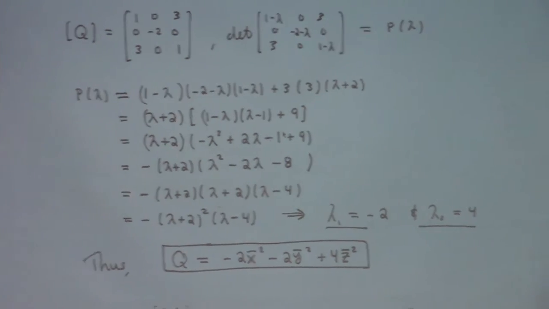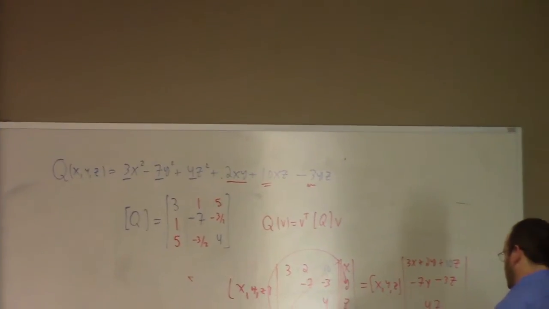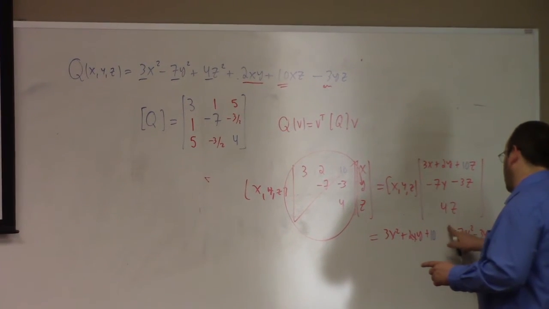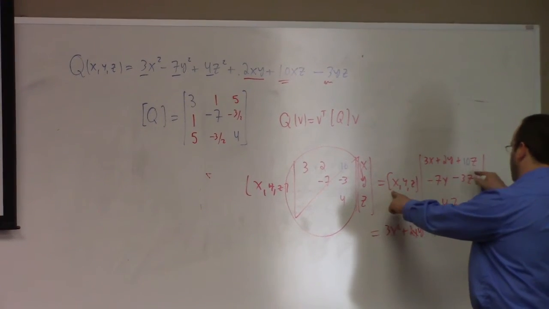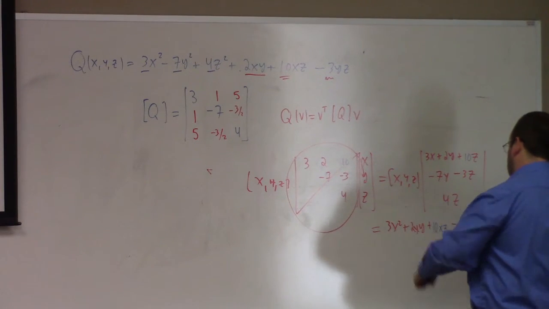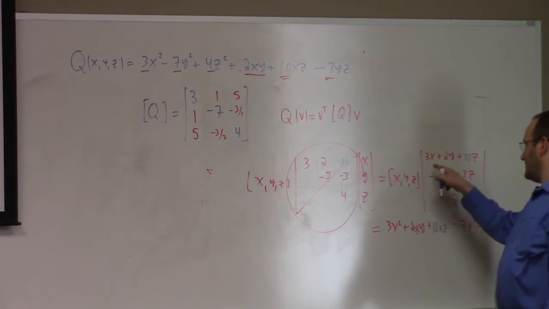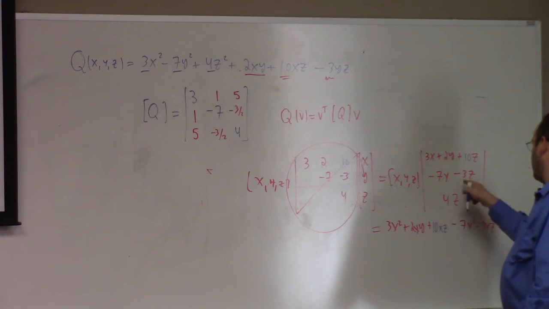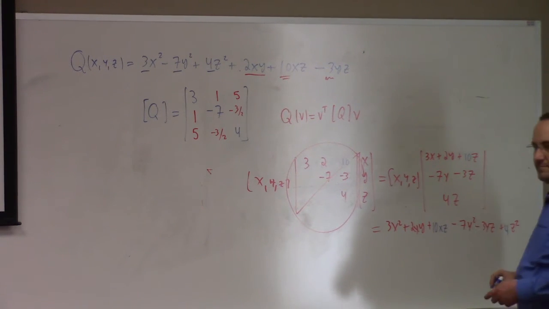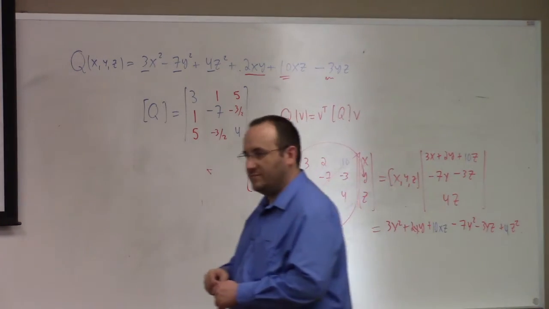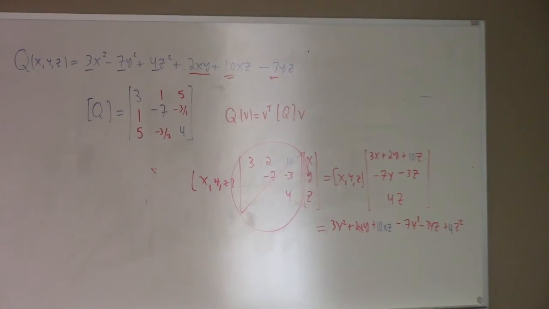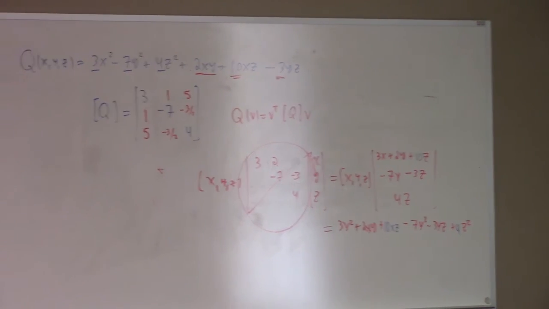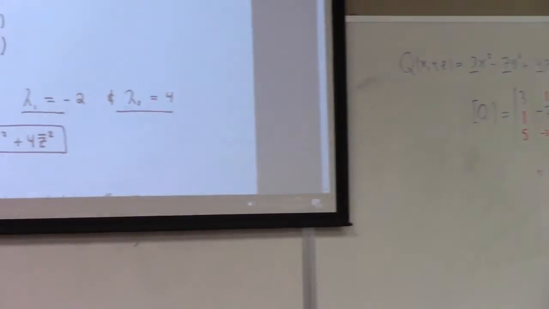Let's see here. Oh, and that was wrong. What was this? I can't multiply. X times z. 3x squared, 2xy, 10xz. This is y squared, 3yz, 4z squared. Yeah, okay. Sorry. That was helpful. Other questions, corrections, comments?